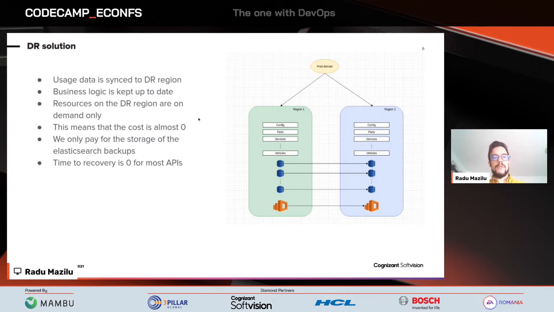Resources on the disaster recovery region are on demand only, which means no Lambda provisioned concurrency, so everything just sleeps there. But at the same time, it's ready to process requests. If no requests come to this region, you pay basically nothing for it.